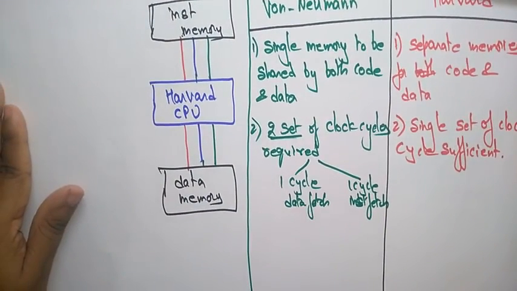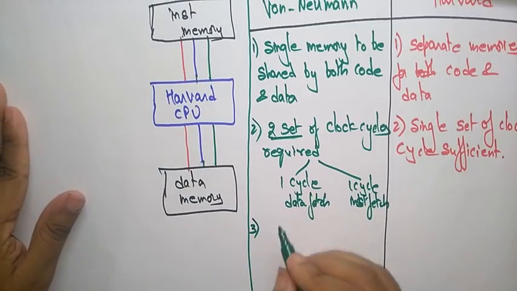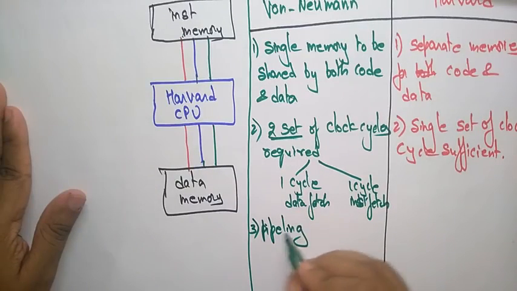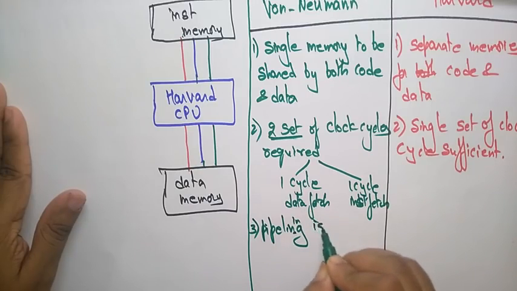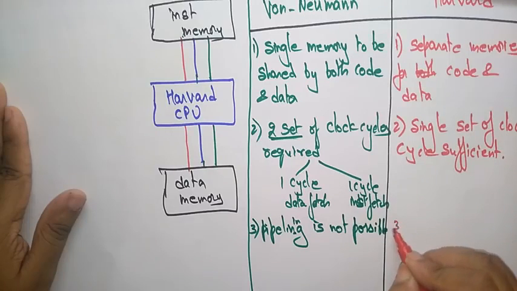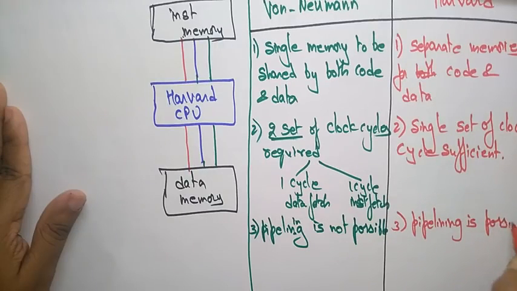Next, in von Neumann architecture, pipelining is not possible, whereas in Harvard, pipelining is possible.